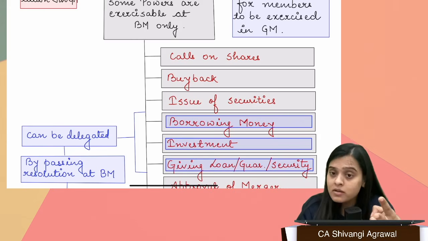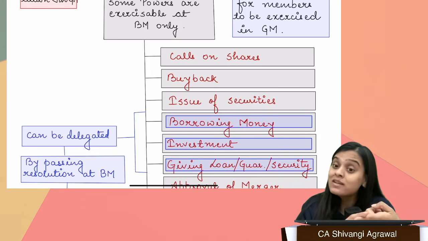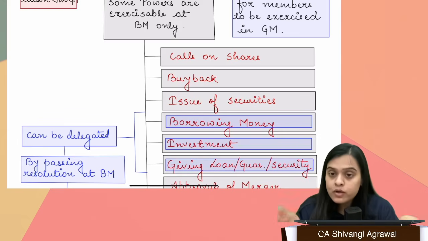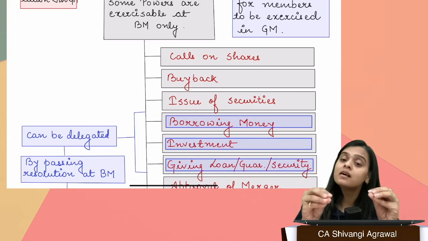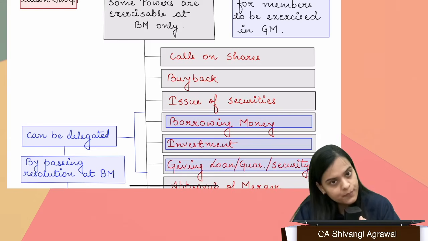That is to make political contributions, to appoint or remove KMP, and to appoint the auditors, that is secretarial and internal auditor. So if you want to do any of these, you have to call a board meeting, because these are the matters which require more discussions. Okay.